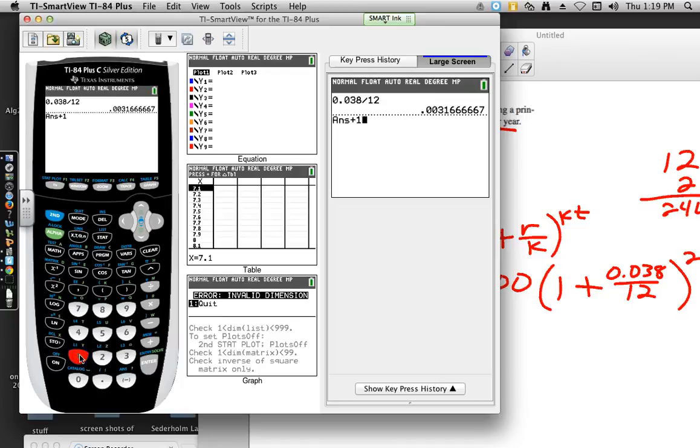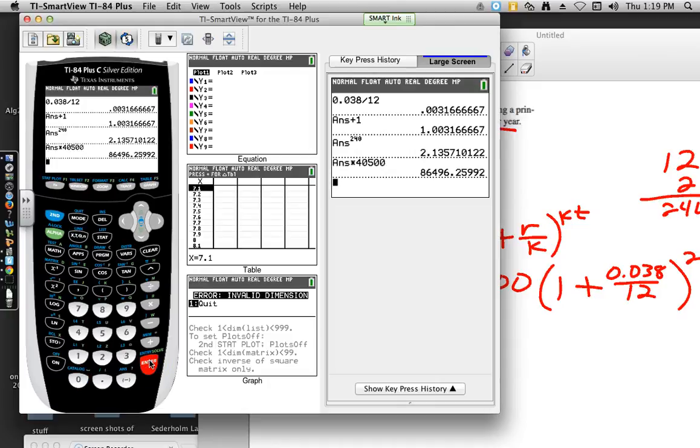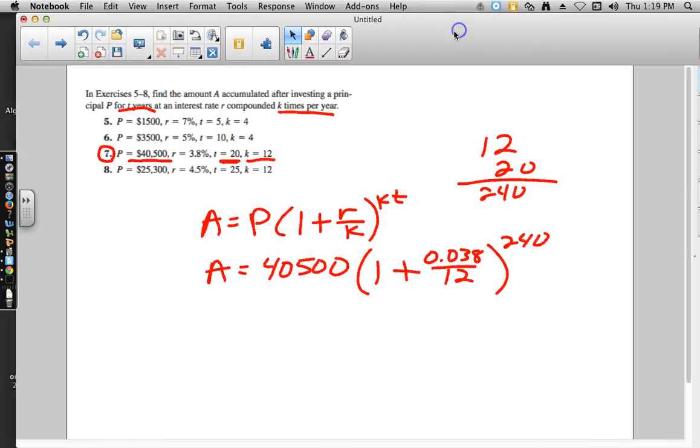Add 1 to it, get an answer. Raise it to the 240th power, get an answer. And then we need to multiply that by the 40,500. And there's the answer: $86,496 and approximately 26 cents.